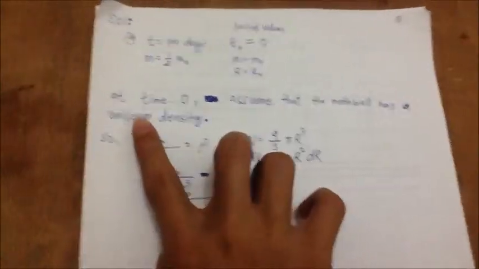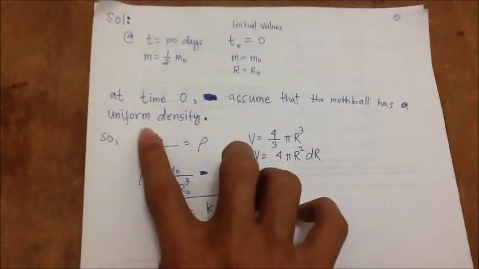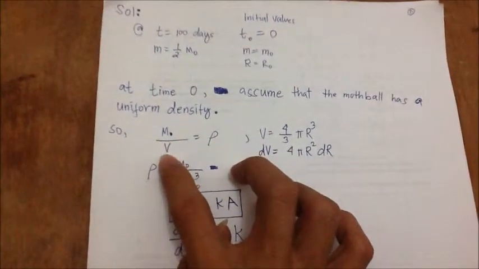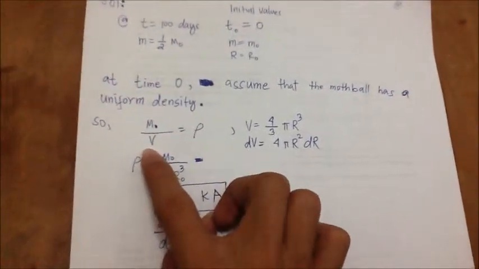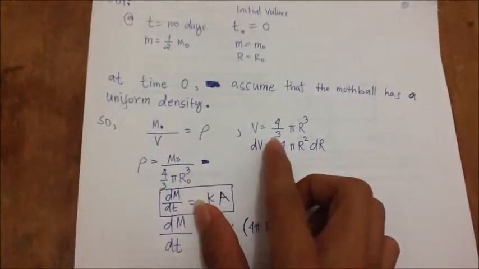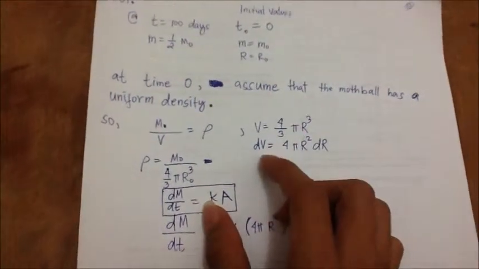Then we assume that at time 0, the mothball has a uniform density. So our density is equal to mass over volume. Our volume is equal to 4 over 3 pi r cubed.